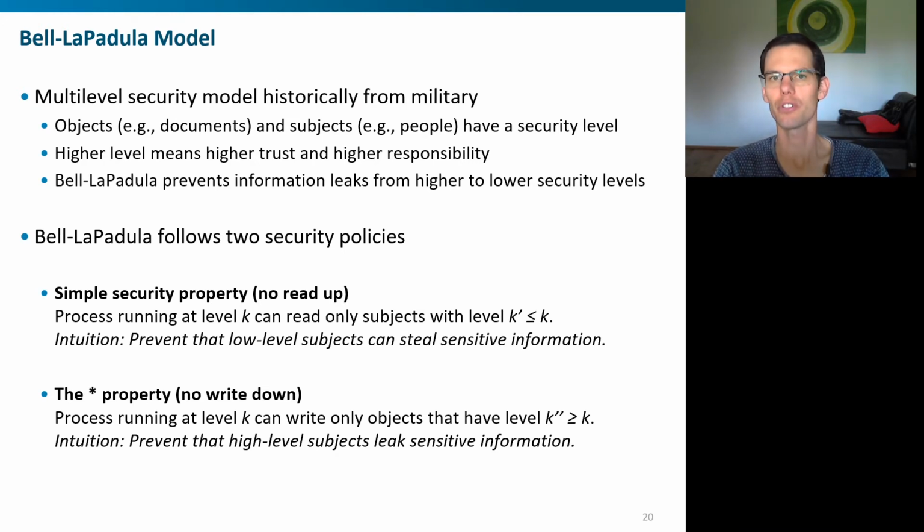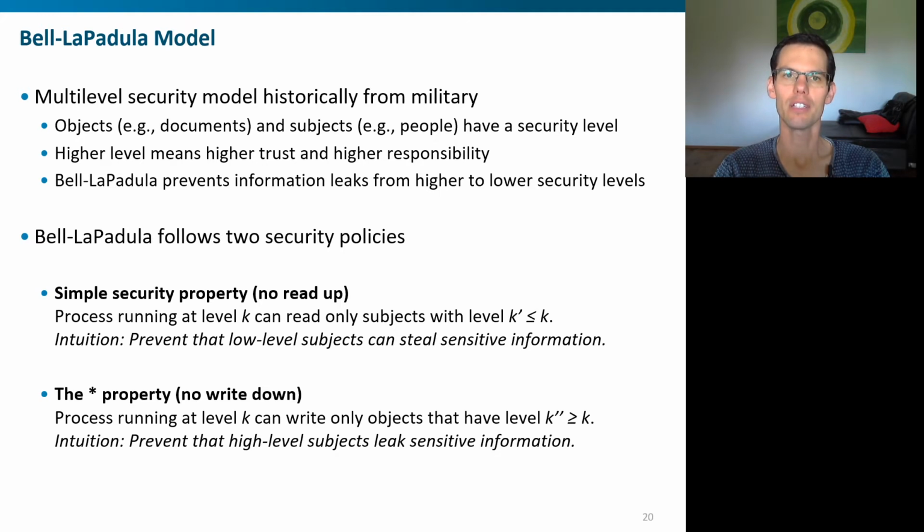Objects are like a resource, like a file that we discussed, and a subject is like a user or people that have a certain security level. A security level for a document could be top secret, which is highly classified, or, if it's kind of public, it could be unclassified. And subjects could be different people working for the military. If we stick to that example, it could be the general or the foot soldier, right? So really two different categories with different privileges.